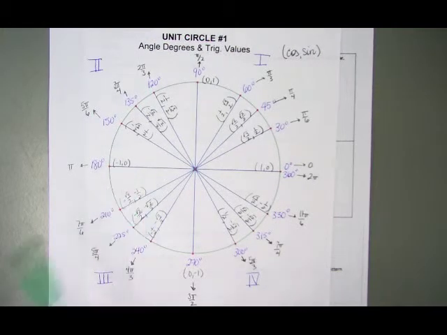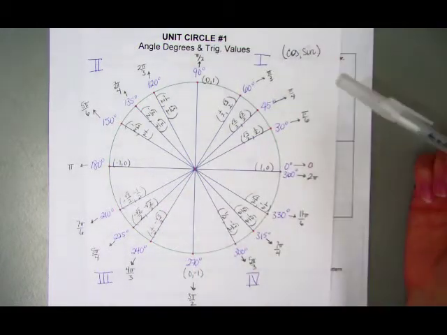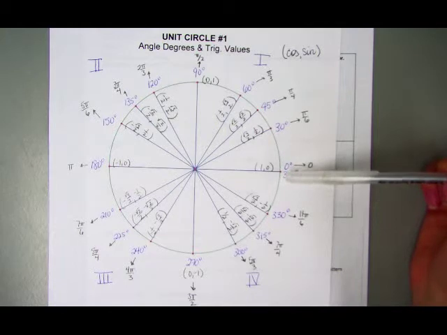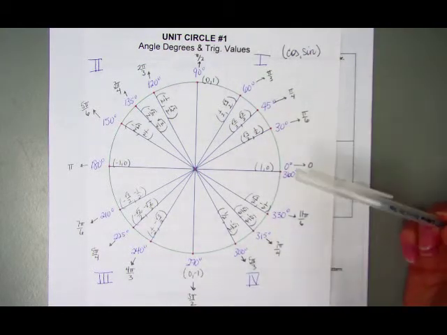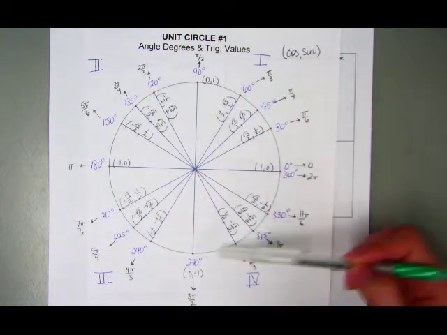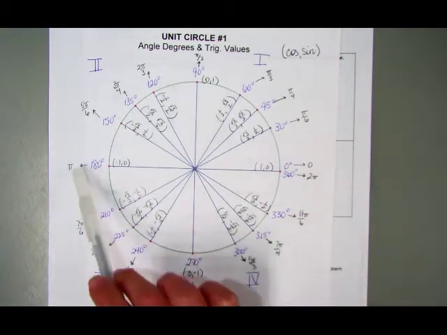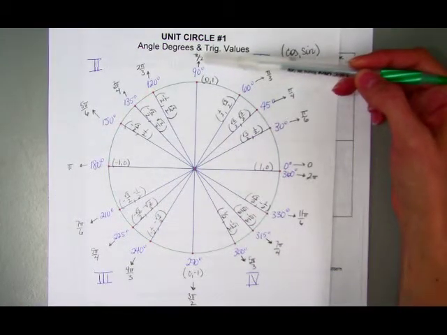And in letter C, I'm looking for the cosine of negative 3 pi over 2. Negative 3 pi over 2, if we work our way around, remember negative means we move in the opposite direction, which would be our clockwise direction. So negative 3 pi over 2 would mean we would have to travel, this would be negative pi over 2, negative pi, negative 3 pi over 2 would take us up to 90 degrees.